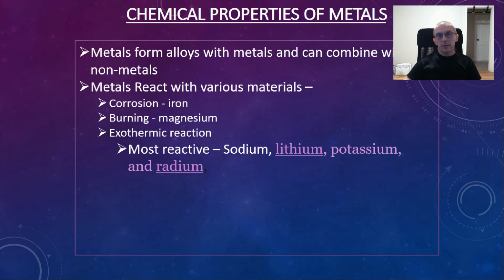For example, let's take iron. Iron can easily combine with oxygen, so that is called iron oxide, which is corrosion, which is also called rust.